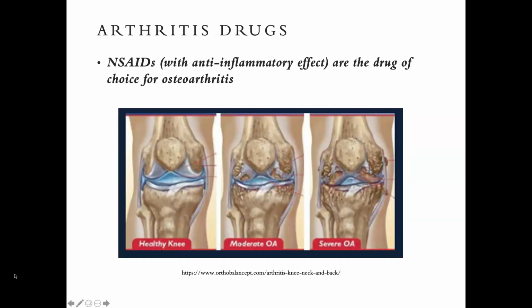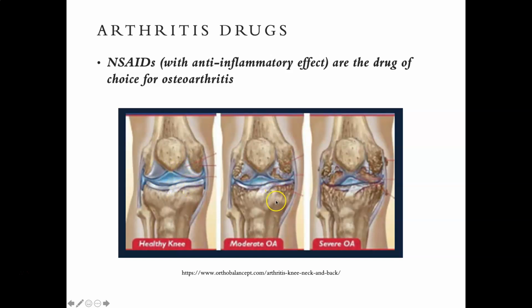So let's look at arthritis drugs as it relates to osteoarthritis. This is where you have a healthy knee on the left, and I apologize that this is a bit blurry. Notice that you've got the synovial fluid, in blue, and you've got the cartilage, which is the white.